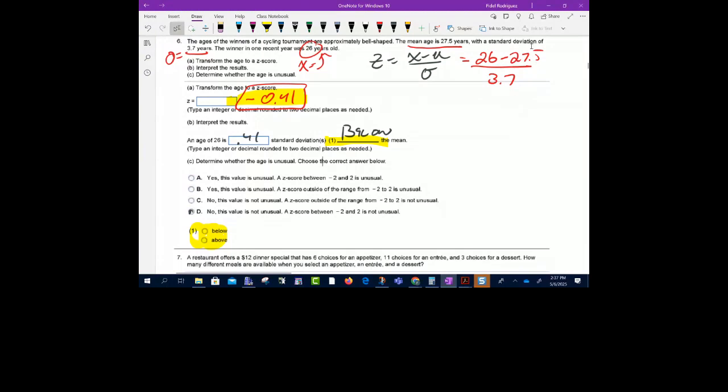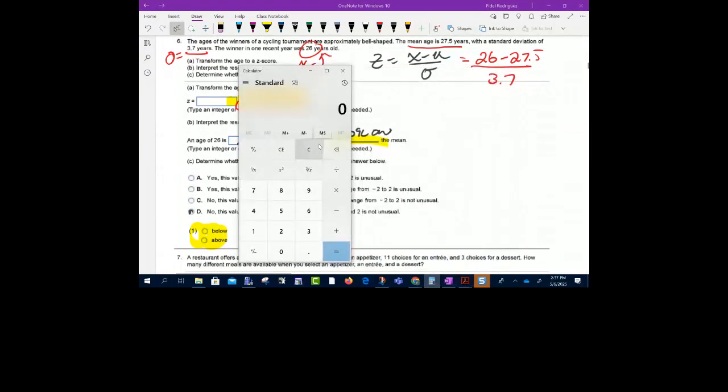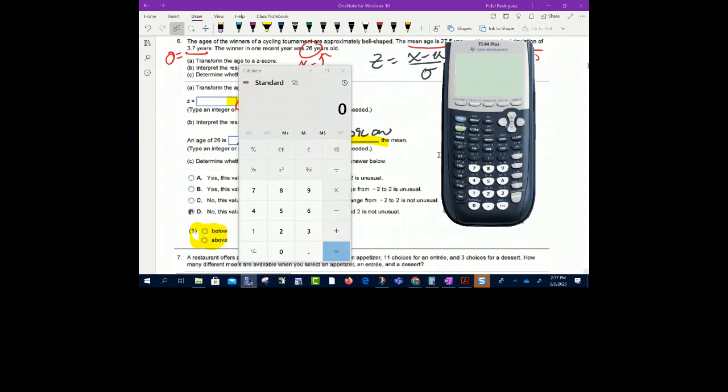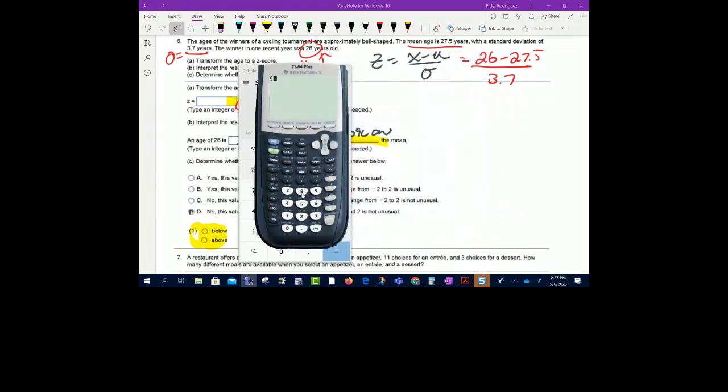Guys, the one thing I want to mention, if you notice when I did this subtraction, I didn't use my TI, I just used my basic calculator. But even if you're using your TI, if you're going to enter something like this, I recommend, and I know I should have written it down, and I didn't, that was my bad, but do it in parentheses.